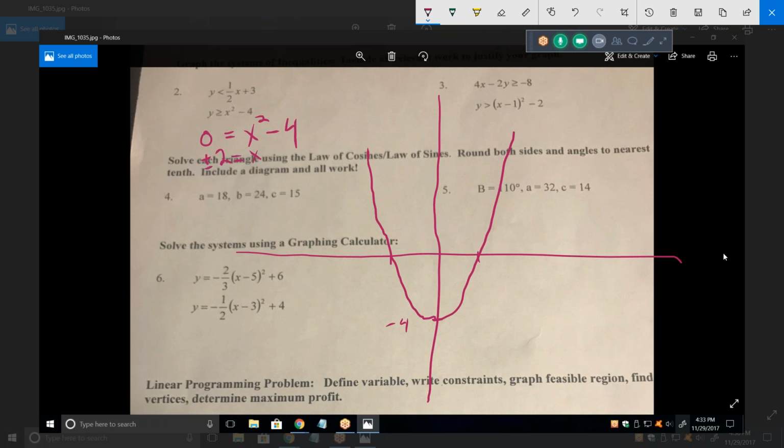But if it's anything other than a vertical line, you always want to look at it from an above or below perspective. So what is it here? Would it be above? Correct, because of that. That's the only part you look at. Y is greater than. So we're shading this part. Let me do it like this.